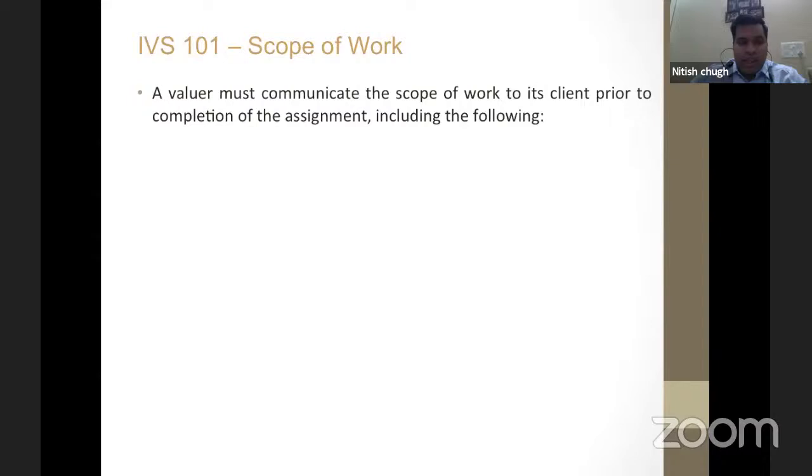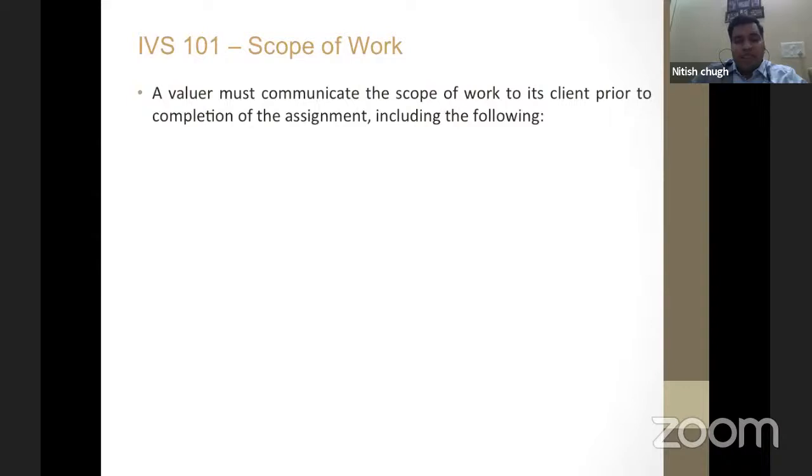You cannot say that I'll apply a particular standard and not comply with another. It has to be applied in totality, and there will be no leverage, except for certain deviations from the standards based upon court rulings or judgments; only to that extent is it permissible, and it will not be treated as departure from the IVS. If it is not due to any court ruling, then one cannot depart from IVS.